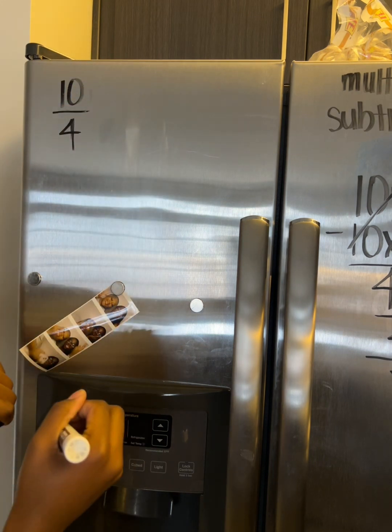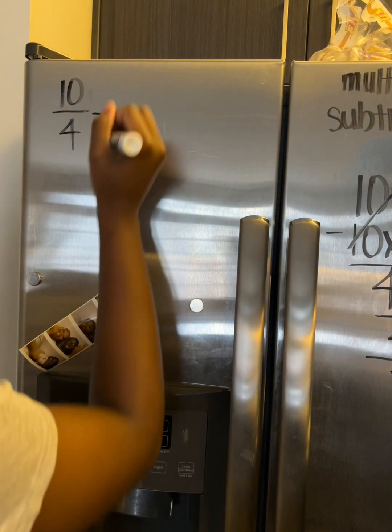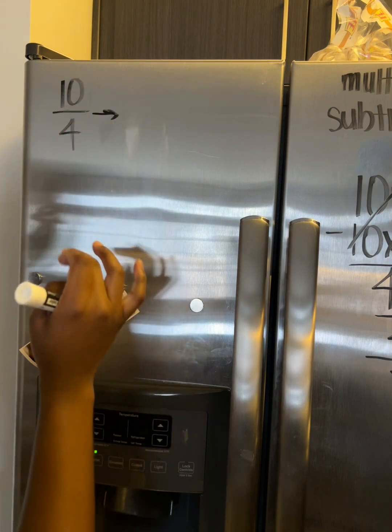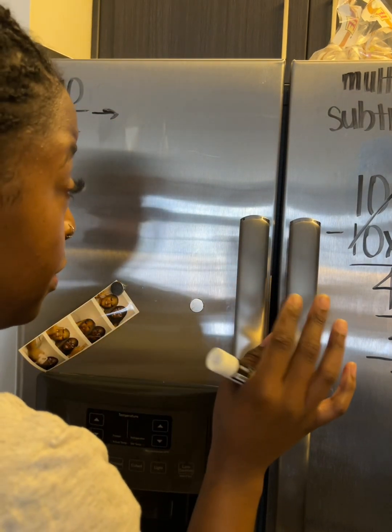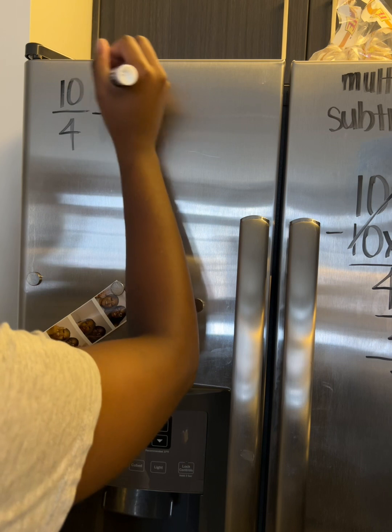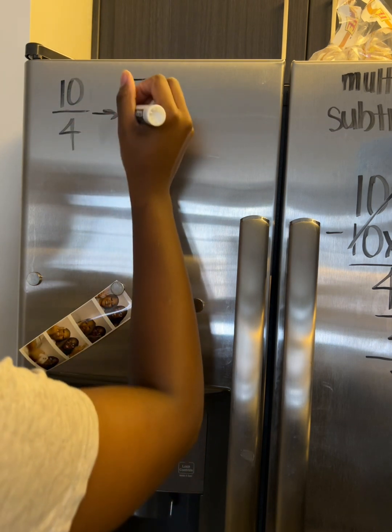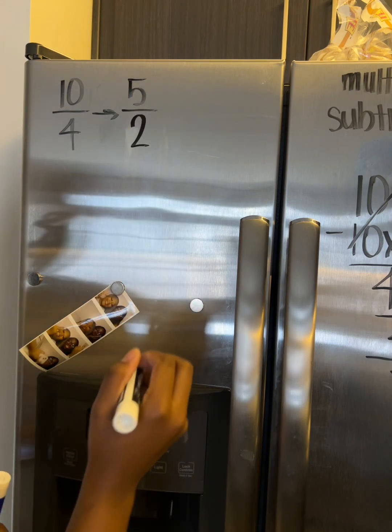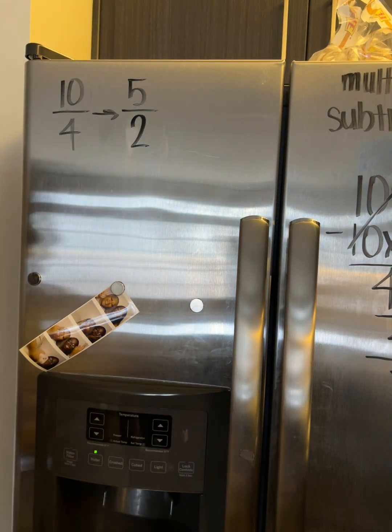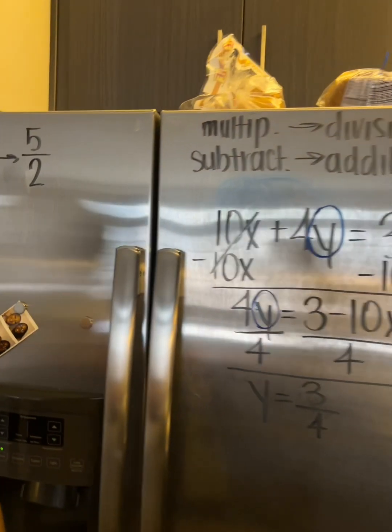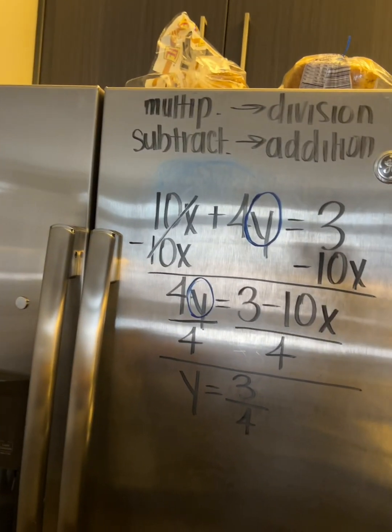And I need to simplify 10 over 4. What I know goes into 10 and 4 is 2. I love 2, me personally. But 10 divided by 2 is 5. And 4 divided by 2 is 2. So simplified, 10 over 4 simplified is 5 over 2. Okay, just wanted to make sure we covered that.